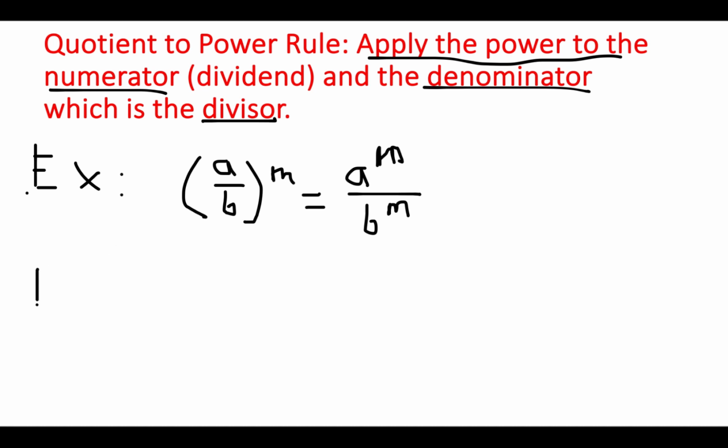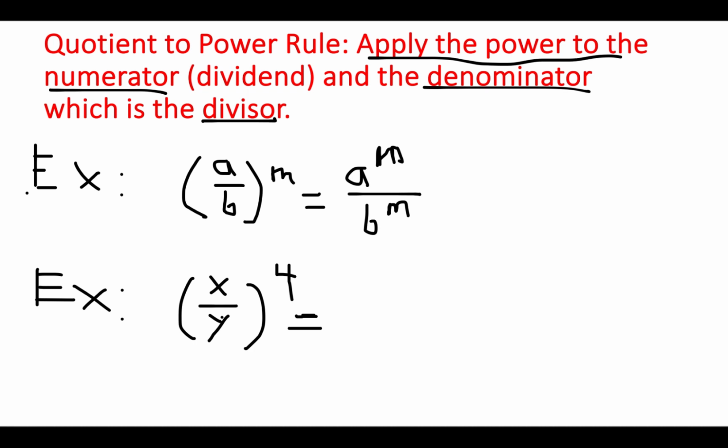The last example is going to be, let's say, x divided by y, to the power of 4. Pause the video, see if you can try this problem on your own.